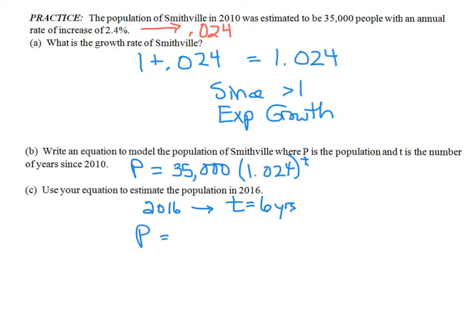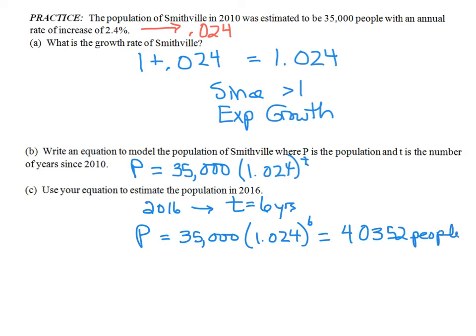So my population will be 35,000 multiplied by 1.024 to the 6th power. So when I put that in my calculator, remember that I have people, so I can't have a decimal answer. So go to the nearest whole number. 40,352 people will be living in Smithville in 2016.